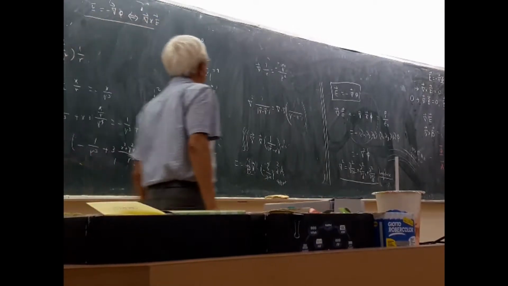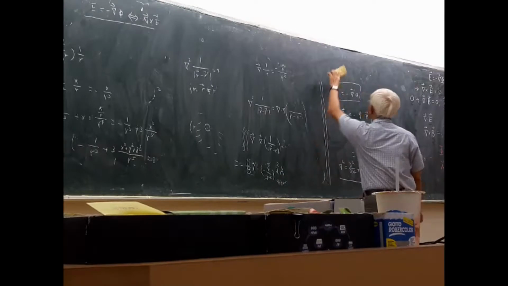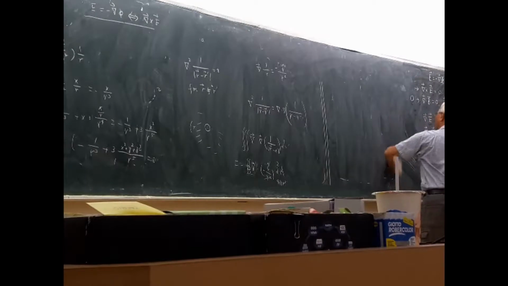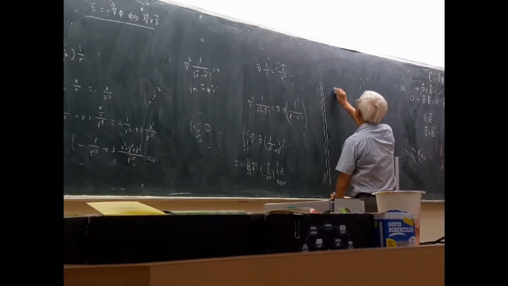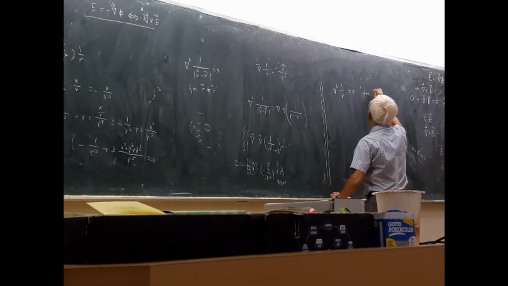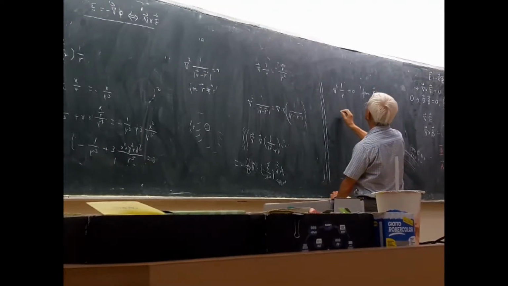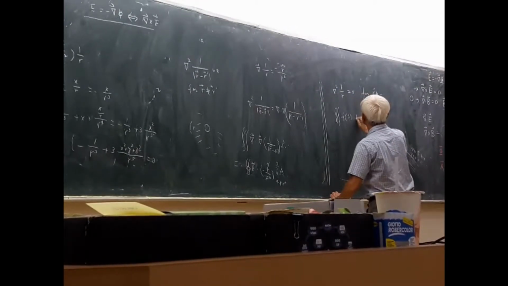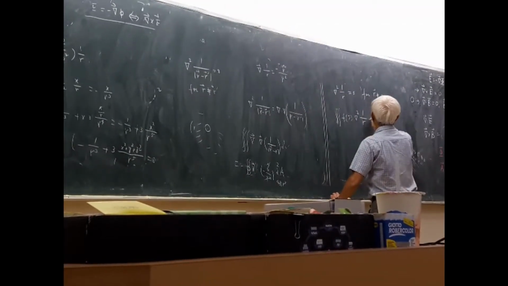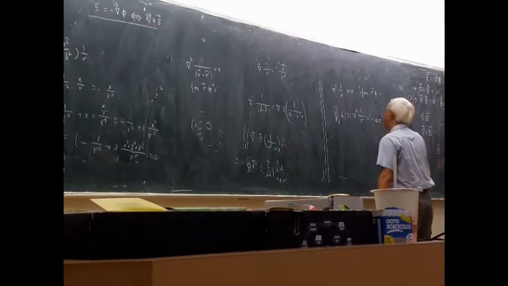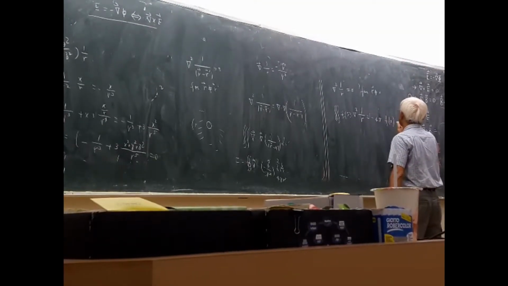So this one is 0 for r not 0, right? And the same anything integration is equal to minus 4 pi of that value at the origin here.